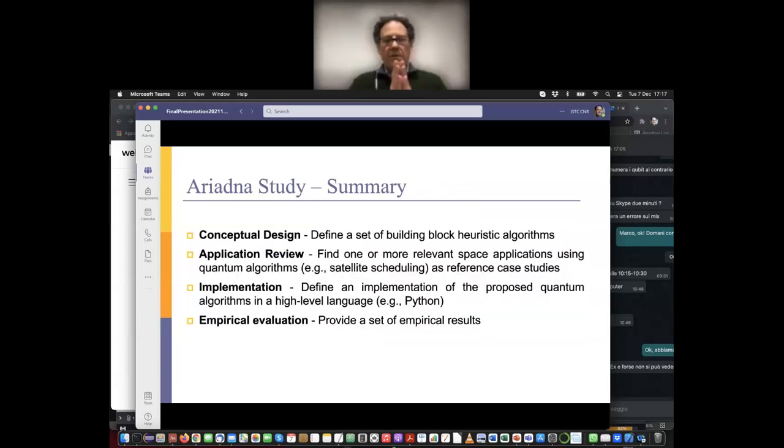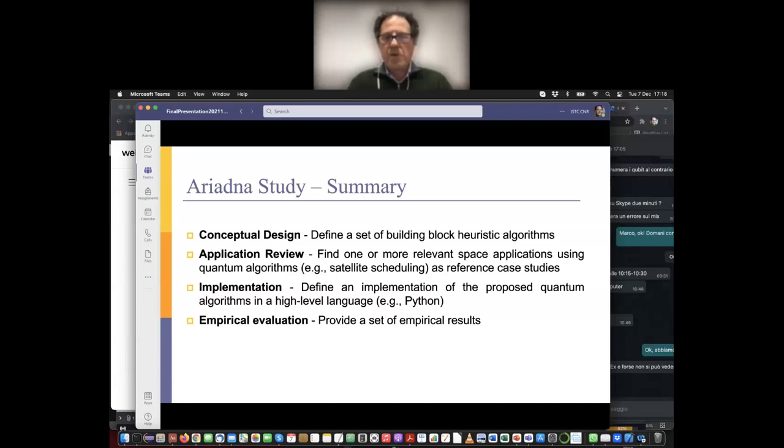Okay, now after this, just a few words about our study in general. The idea in this study was to define heuristic algorithms for compiling circuits. Why heuristic? Because we think about compiling very large circuits.